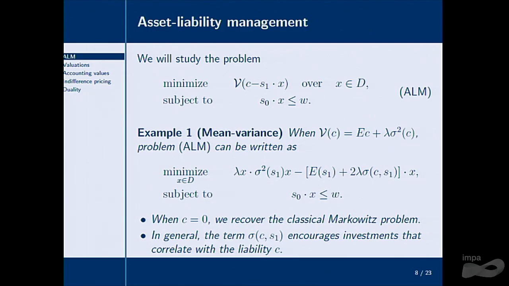This sigma C S1 is the vector of correlations between the prices S1 and the claim C. So what this term does is encourage investments in the assets that correlate strongly with the claim. So if you want to hedge the claim C, that makes perfect sense. If you have this quadratic risk measure, it's enough to look at the correlations. You want to put your money where the correlation is high. It's an approximate hedge.